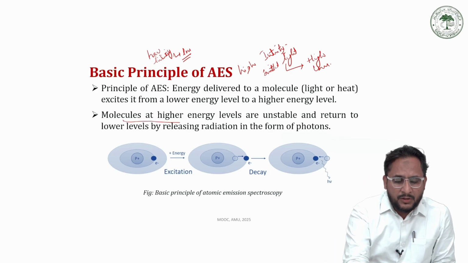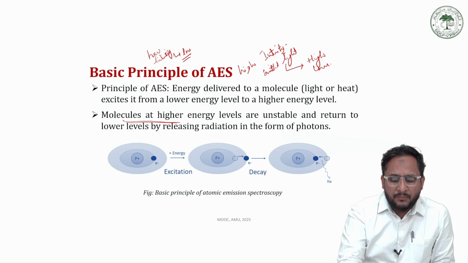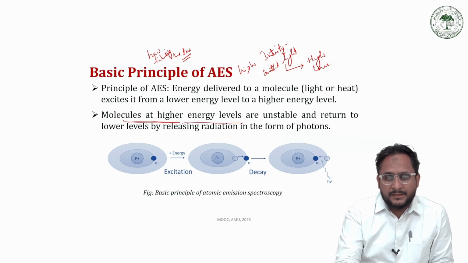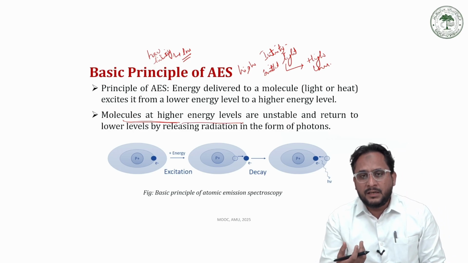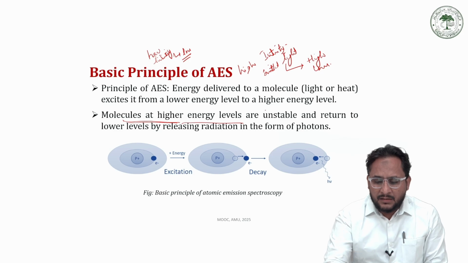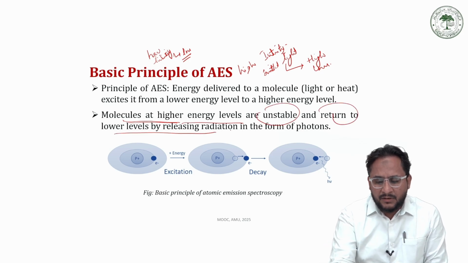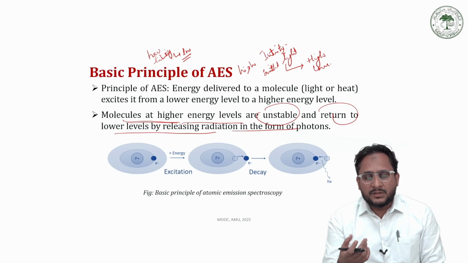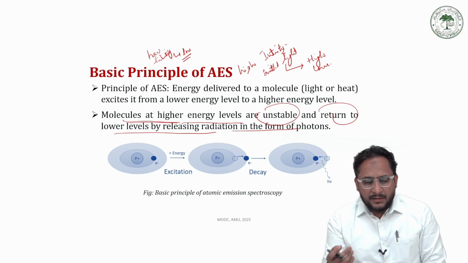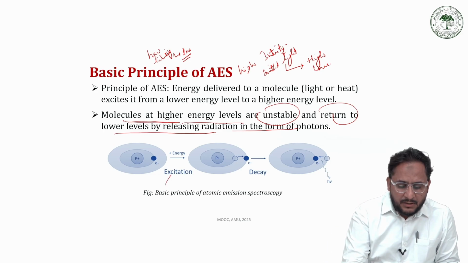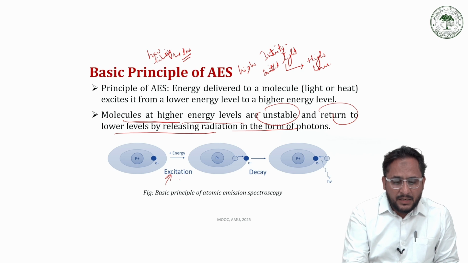Since atoms or molecules, when they absorb energy, promote their electrons to higher energy levels, and we all know that these higher energy levels are not very stable, they are unstable states, electrons immediately return to a lower energy level by releasing photons, by emitting light. So this is the phenomenon of excitation. This is represented in this schematic diagram, where the atoms are getting energy and electrons are promoted to a higher level.